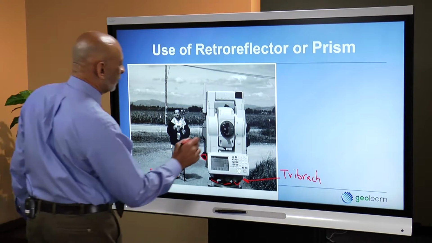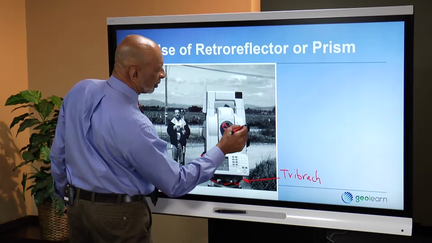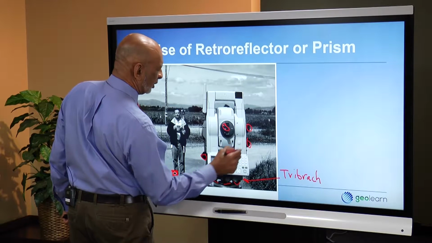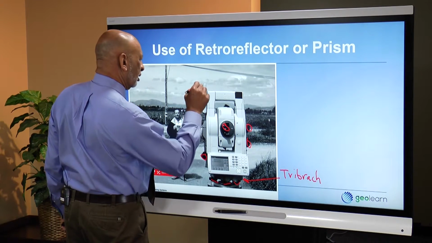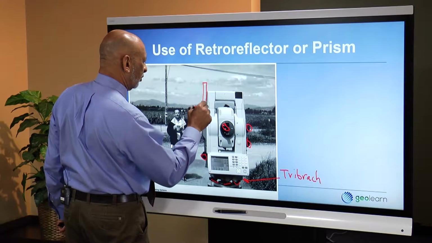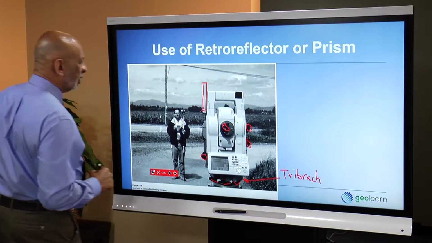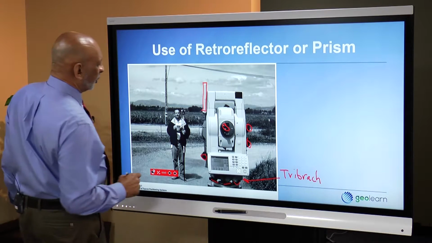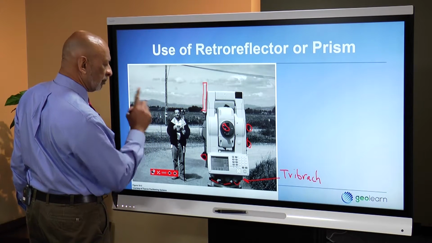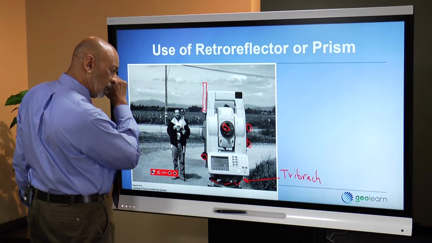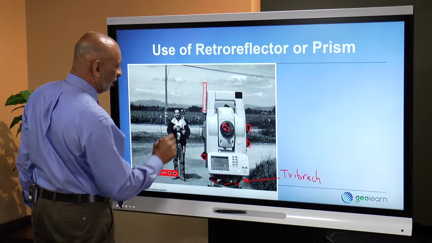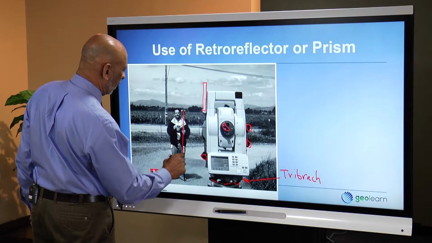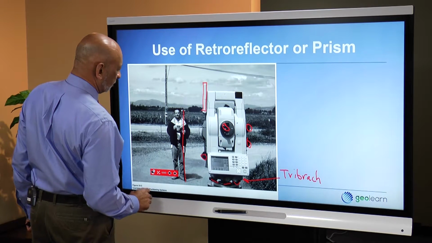But same kind of thing, you have a telescope, you have controls on the side, you have a display, you have a keyboard. This happens to be an antenna for communication with the remote field controller, because what we have here is essentially, with a robotic total station, one person surveying. So the person holds a prism pole.